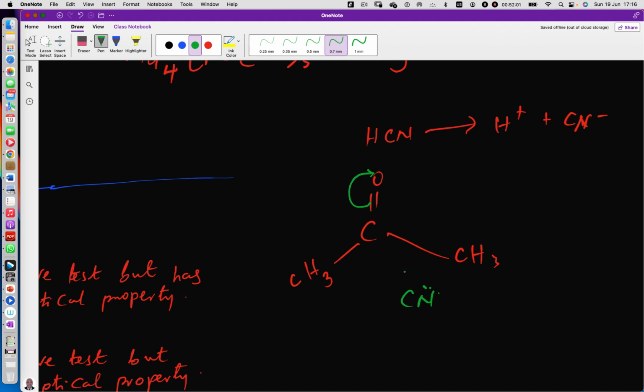This is a nucleophile here. Nucleophiles are electron pair donors, so they are going to donate the lone pair here. So when it comes here, there will be a positive charge and a negative charge here. So that is the mechanism here.